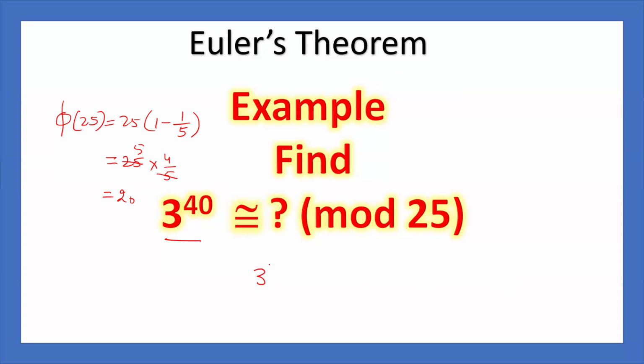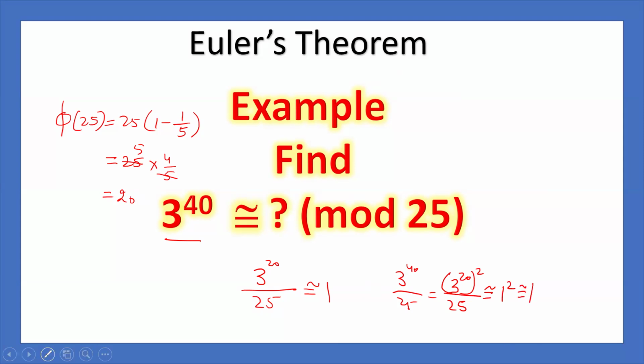So 3 to the power 20 divided by 25 will give a remainder of 1. Now 3 to the power 40 can be written as (3 to the power 20) squared divided by 25. It will give the remainder as 1 squared, which is equal to 1.